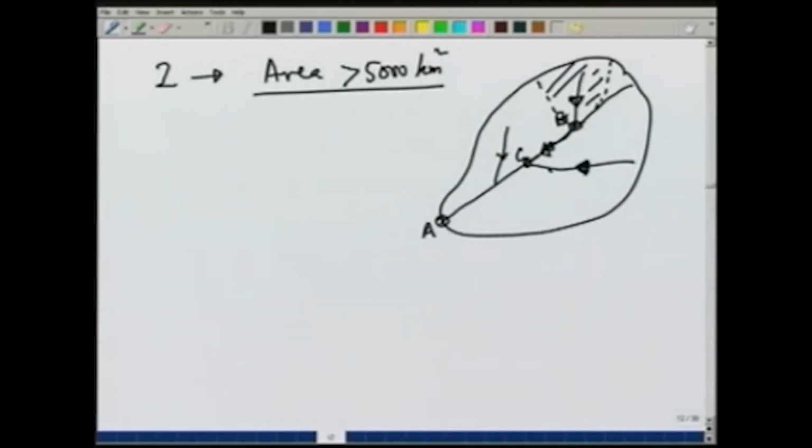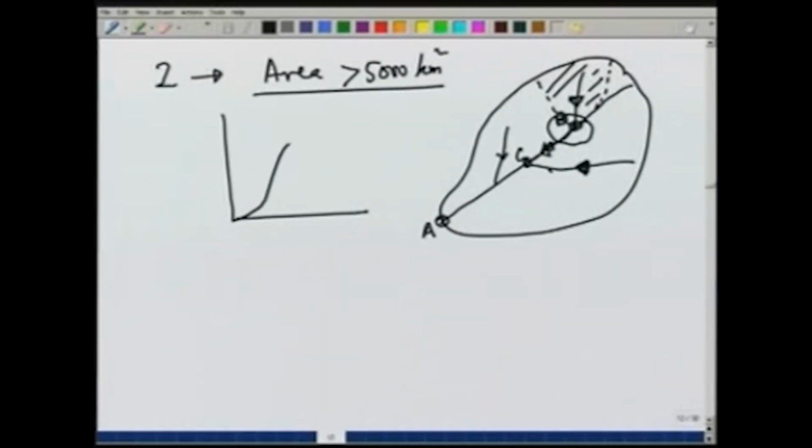So, if we find out at this point B the hydrograph, of course, the DRH at B, if we find out direct runoff hydrograph at point B, we will then have to add the base flow to it.